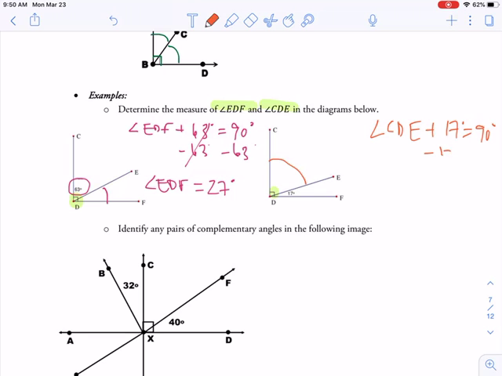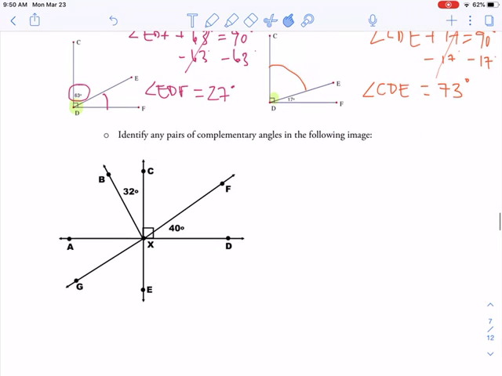Okay, so I subtract 17. I can just cross those out, and then I'm going to get left with angle CDE is equal to, again, do this in your calculator or do it on paper. I always get questions about this, so I like to go over that. It's going to give us 73 degrees. Okay, so those are our final answers there.